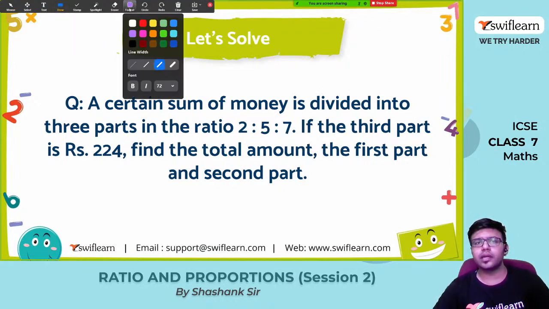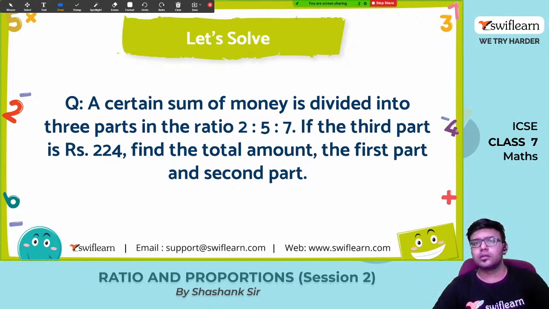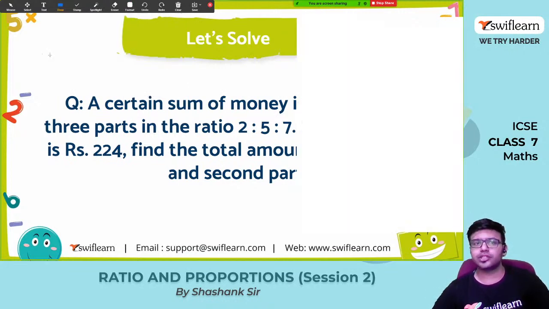Let me make a white screen here. So the total sum is 2 plus 5 plus 7, which is 14. The first part is given by 2 by 14 into the amount.